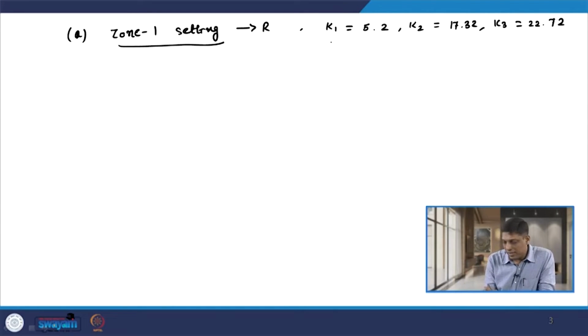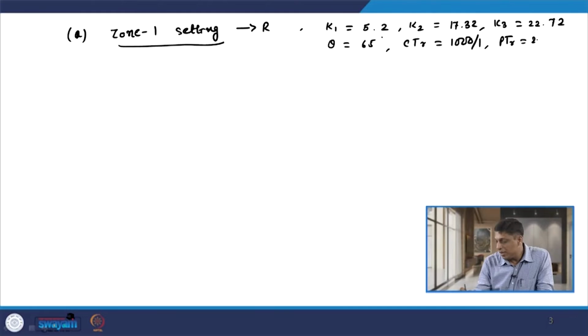The characteristic angle theta is also given, that is 65 degree, and the CT ratio is also given. So the CT ratio is 1000/1 ampere, and the PT ratio is also given, that is 220 kV by 110 volt.